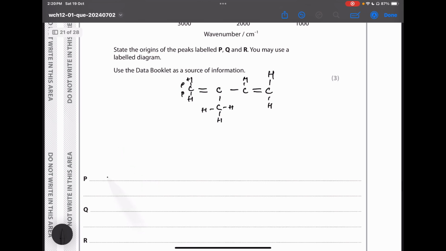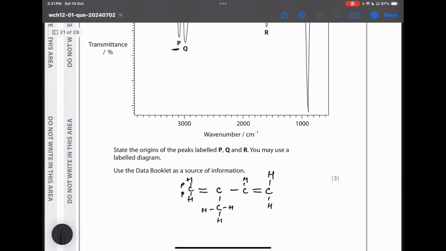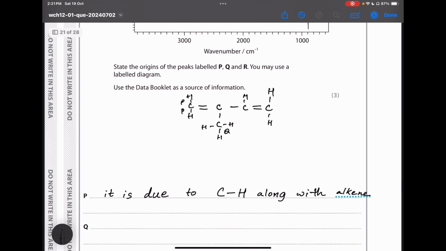So P, it is due to CH along with alkene. So double bonded side.